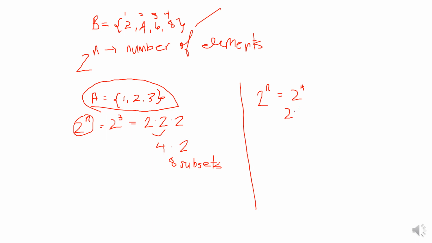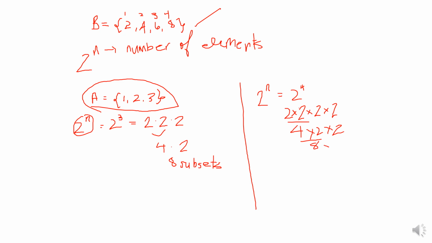2 times 2 times 2 times 2. Okay. So 2 times 2 is 4. 4 times 2 is 8.